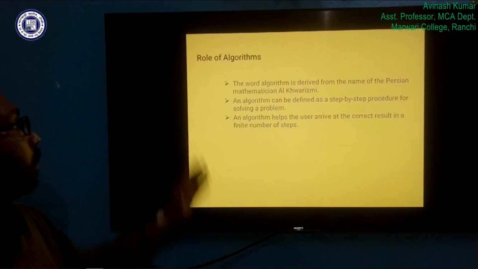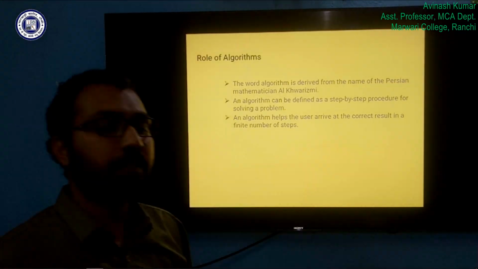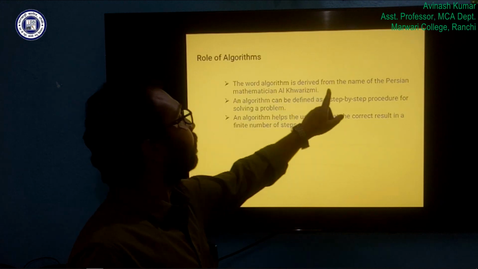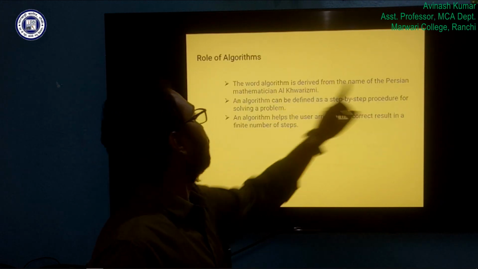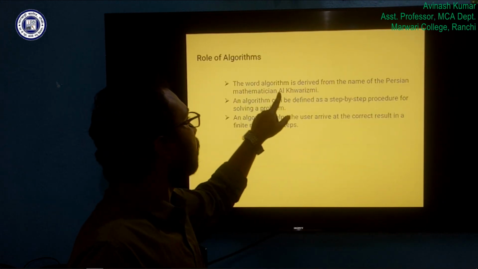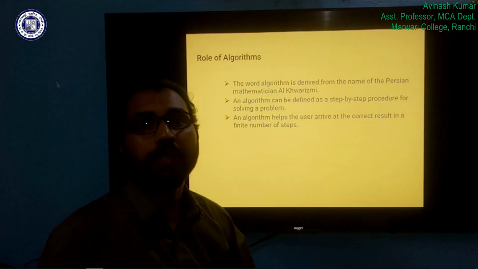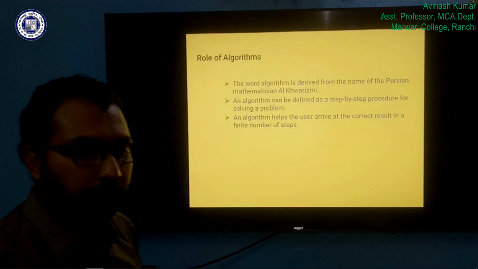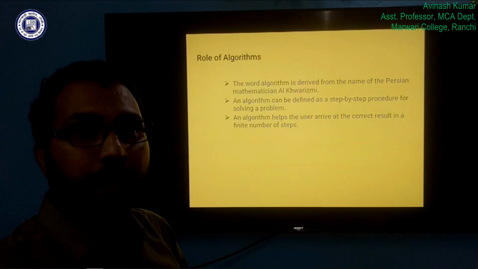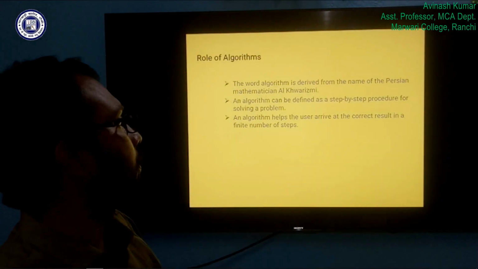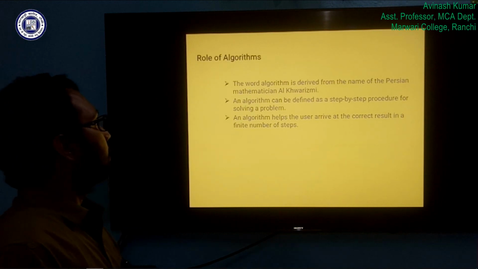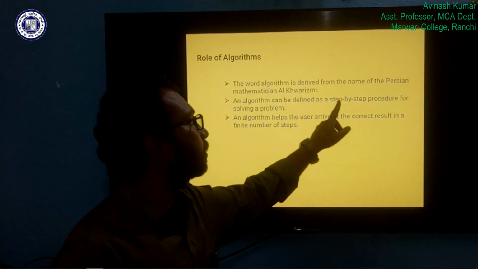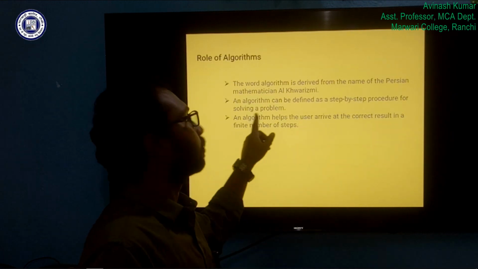Here, the role of algorithm, its emergence, from where it emerged. The word algorithm is derived from the name of a Persian mathematician, Al-Khwarizmi. This Al-Khwarizmi was the mathematician behind whose name this algorithm was given. Now what is an algorithm? An algorithm can be defined as a step-by-step procedure for solving a problem.